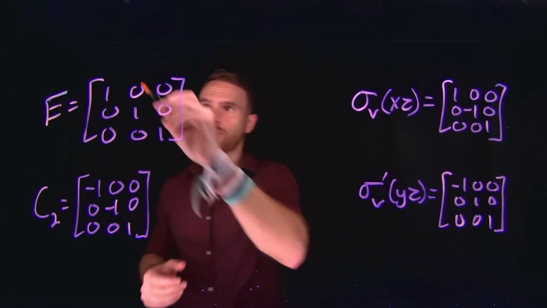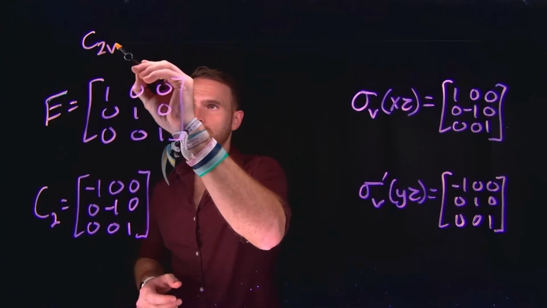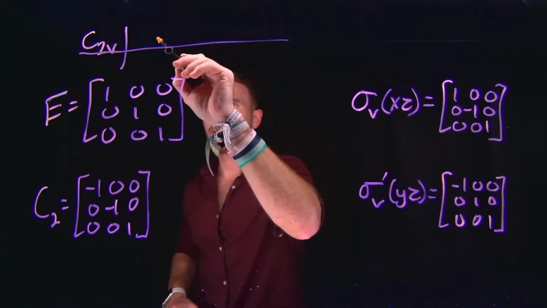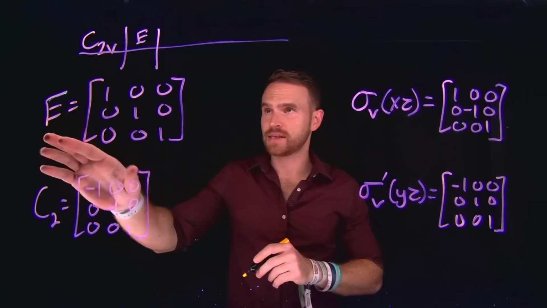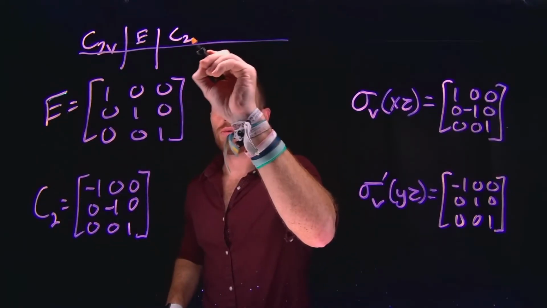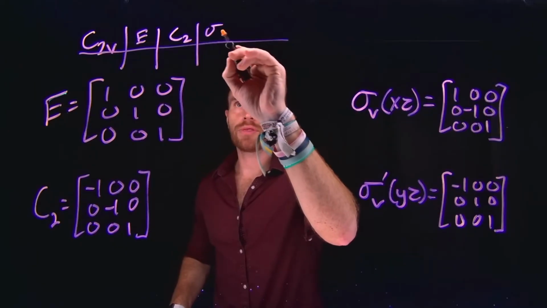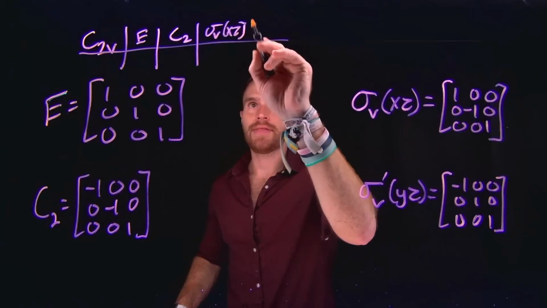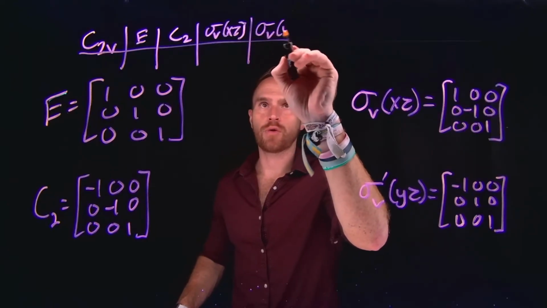So for example, for that C2v character table, we would find that it would contain rows and columns which contain the E symmetry operation, the C2 symmetry operation, and both of the sigma v's, one for the xz plane, and then also a sigma v for the yz plane.